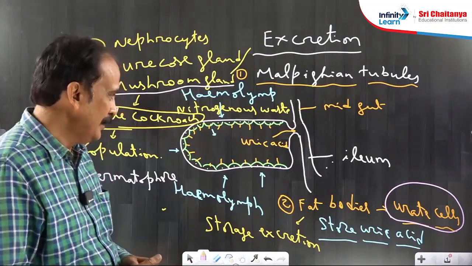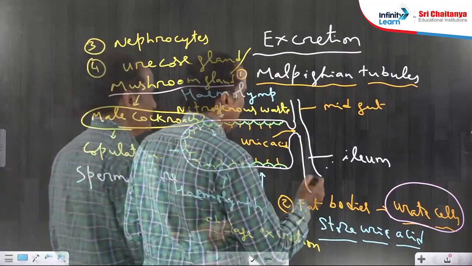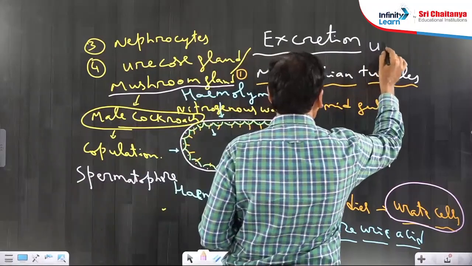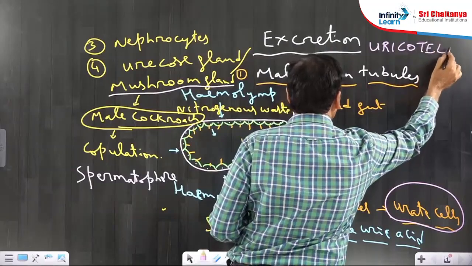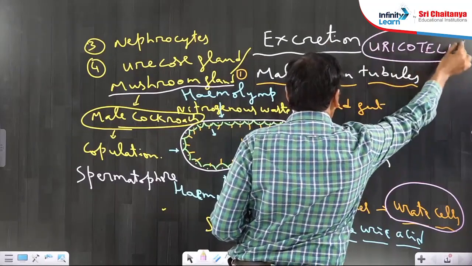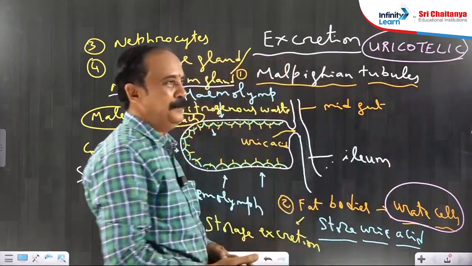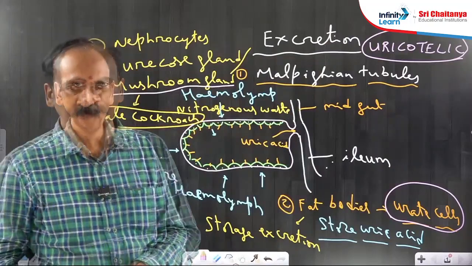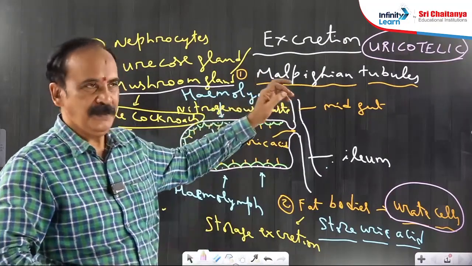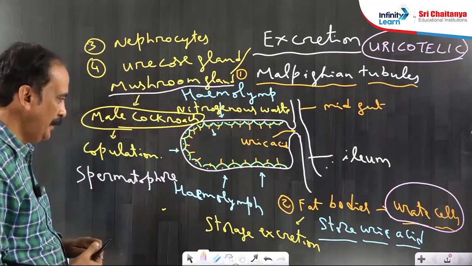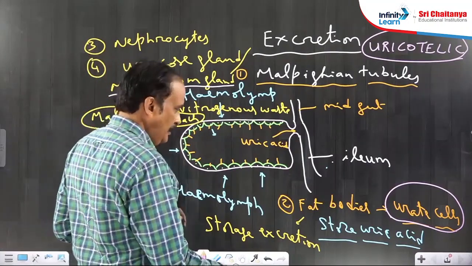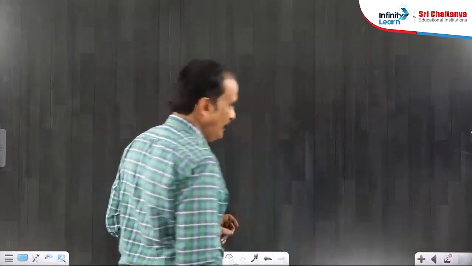So cockroach, as it is excreting uric acid, right, it goes as uricotelic, isn't it? Cockroach is referred to as uricotelic animal because it excretes uric acid. Okay, insects are uricotelic. That is the process how the animal will get rid of the nitrogenous waste, and the system called nervous system is also advanced when you compare with annelid.